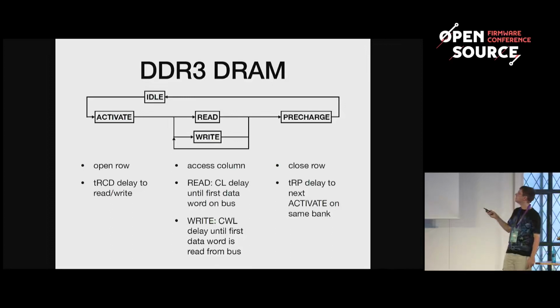And it takes then the tRP delay until the next activate command can be sent on that bank. And that's also why we have multiple banks there. For DDR3, it's 8 banks. So with interleaving those accesses, you can sort of mask those delays.